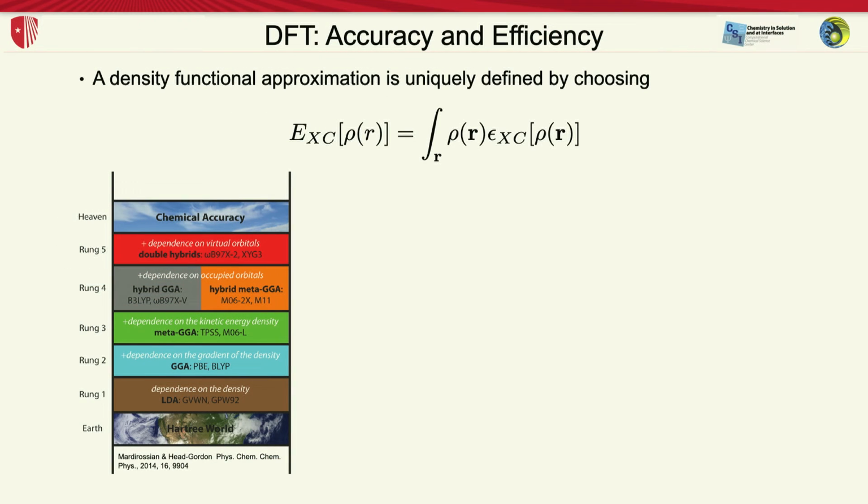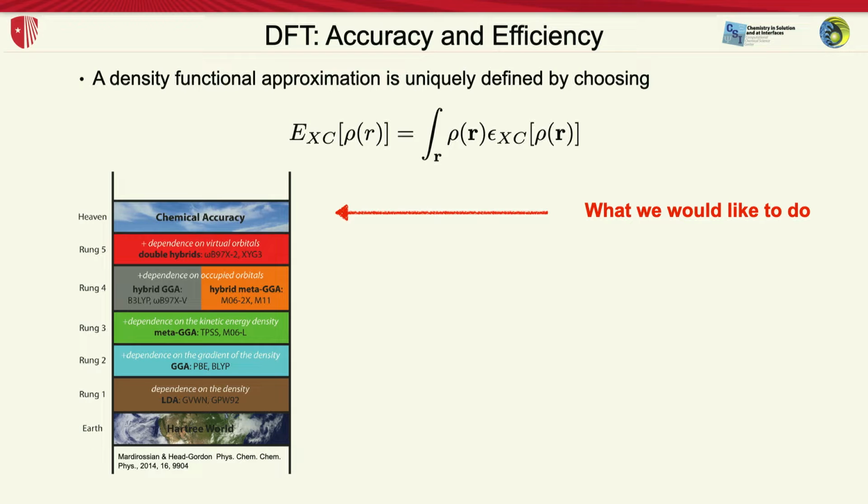If we know the exact density in the ground state, and we know our exact exchange and correlation energy density as a function of the density and other parameters of the density, as we will see, then we solve the problem. Now, of course, the issue here is that the complexity and the non-locality that we keep on including in this exchange and correlation energy determines the expense and also, of course, the accuracy of our approximation.